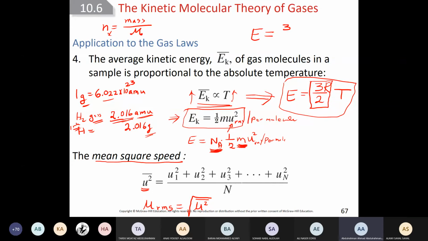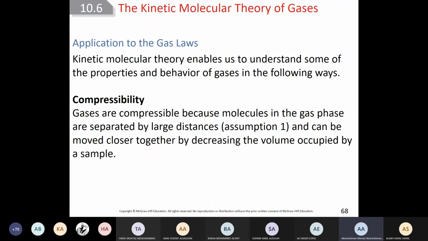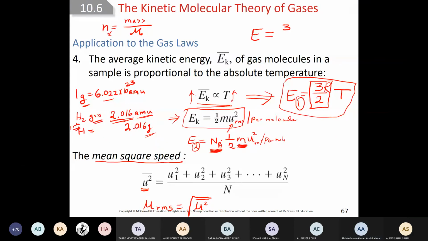In this way, I want you to relate 1 and 2. If we are talking about the same gas, E1 equals E2. So what will be the relation in this case? Three over 2 RT equals what? N multiplied by half mu squared.